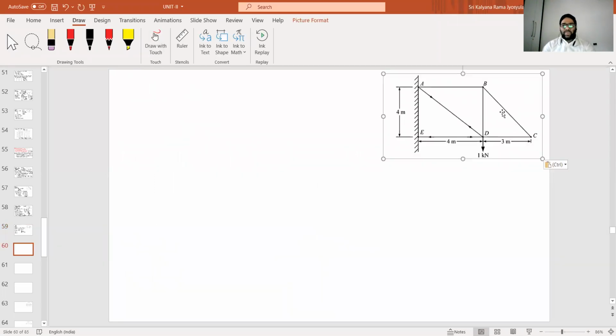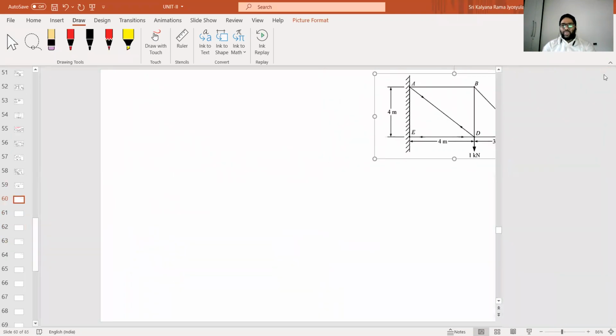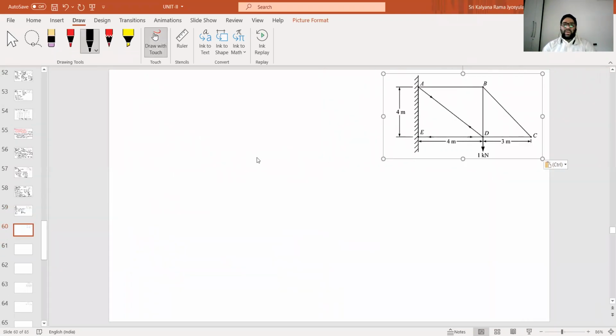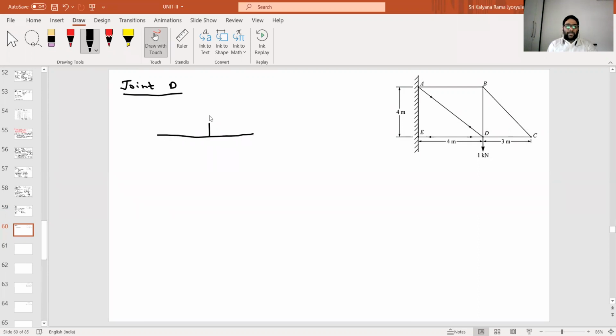So in joint D, we need to calculate the forces in all the members associated with joint D. Carefully see here. This, this, this, this, and this. So this is KDB, KDC, KDA.